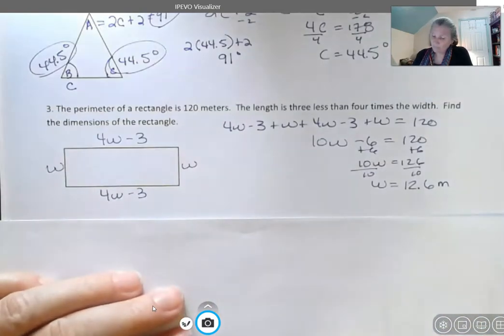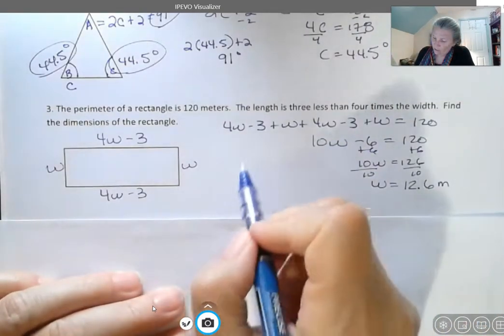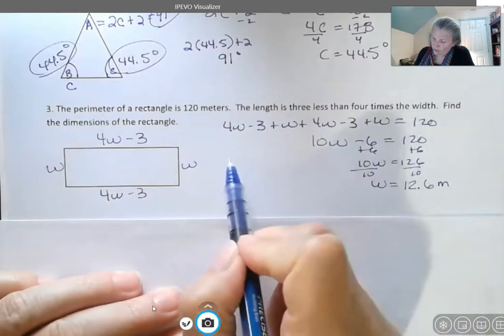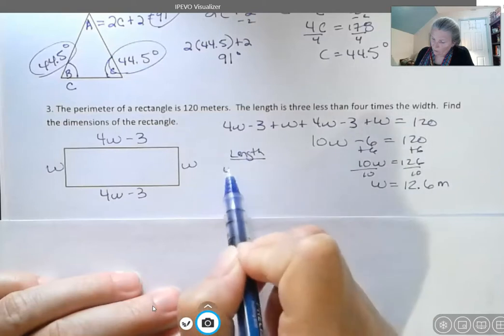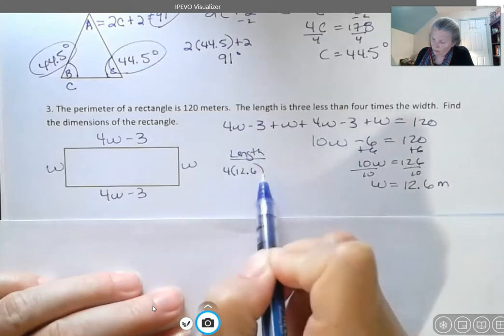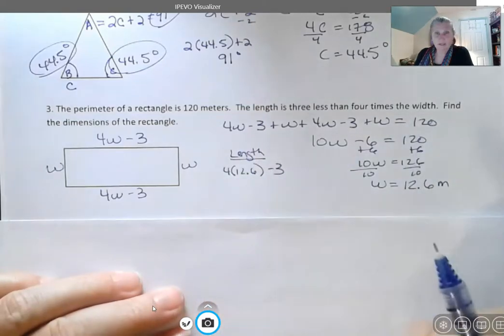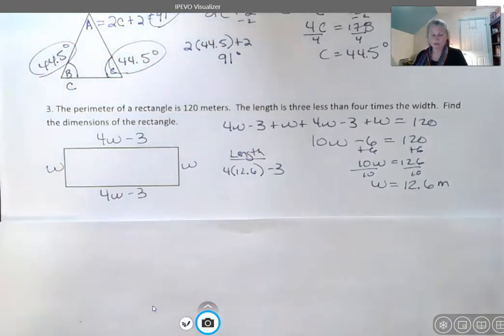Now, I know that the width is 12.6 and the length is 4 times that, but 3 less, right? So I just have to do that multiplication to get that. And that gives me, I don't know what that is.